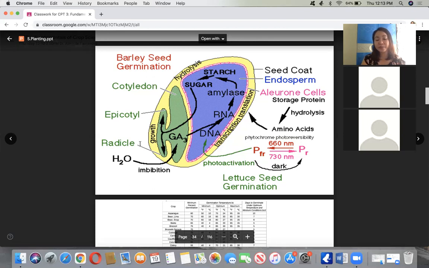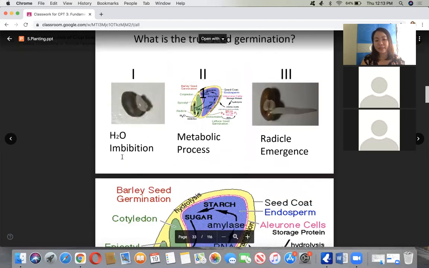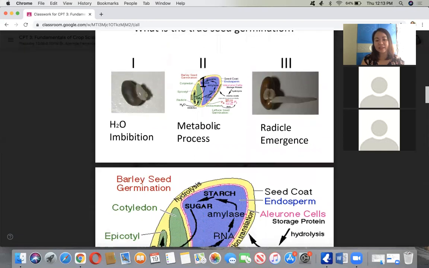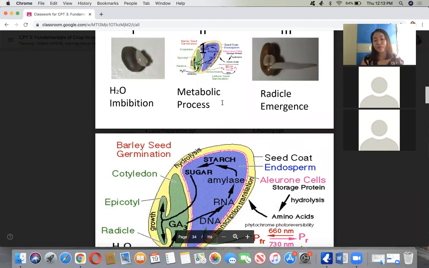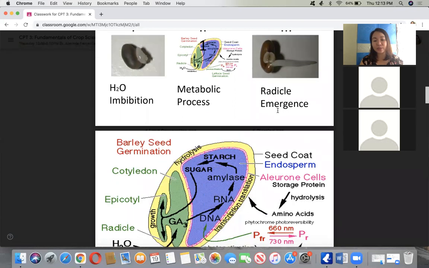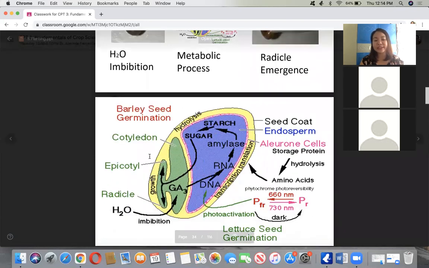We have three stages before the radicle, or the roots, emerge, as well as the epicotyl, which becomes the shoots of the seed.